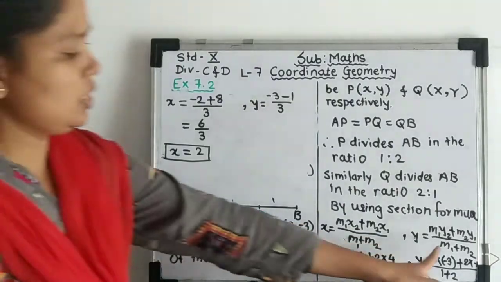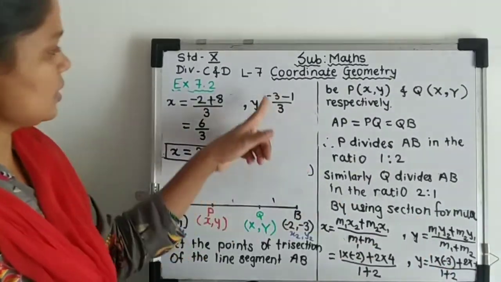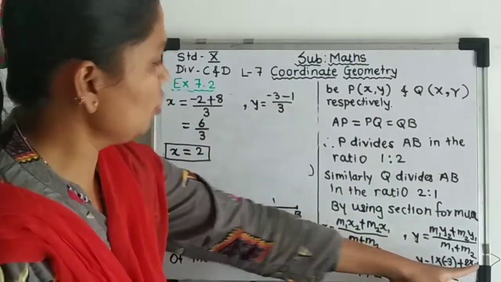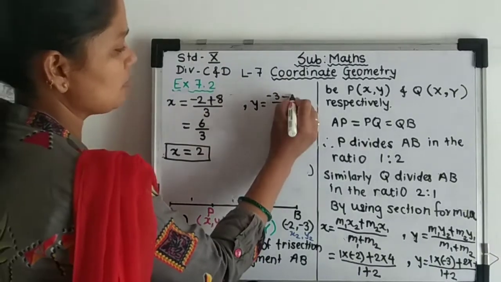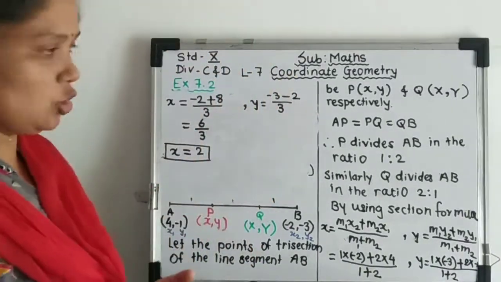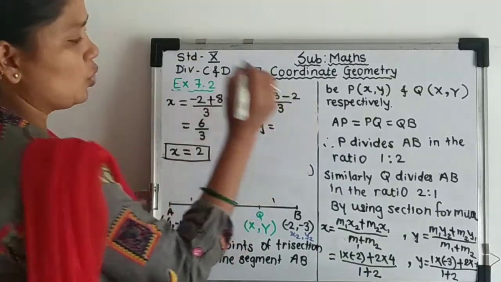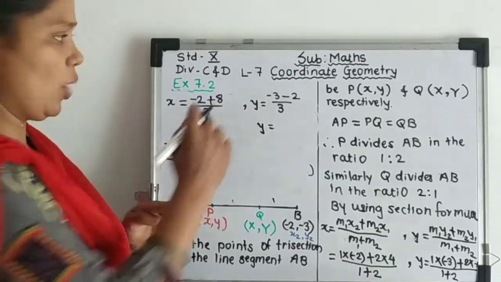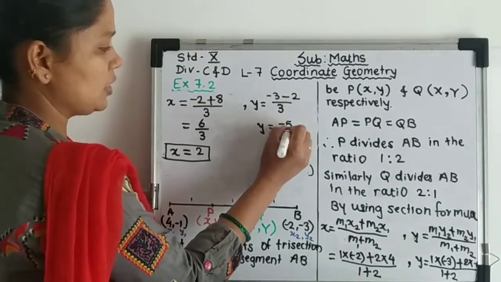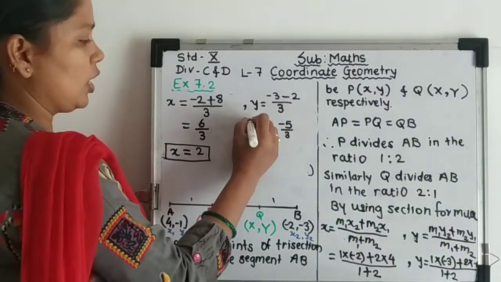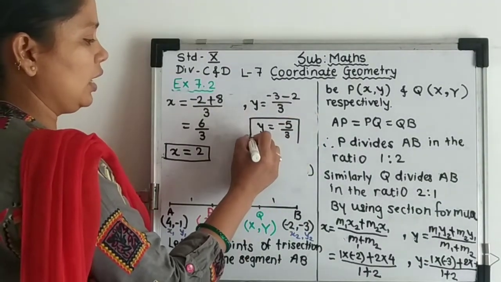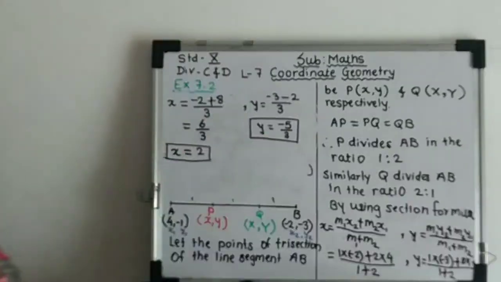Right? See, 1 into -3, answer is -3. 2 into -1 is -2. Then we got here y is equals to, now minus minus we will do addition. So it becomes -5 upon 3. So our y coordinate is -5/3.